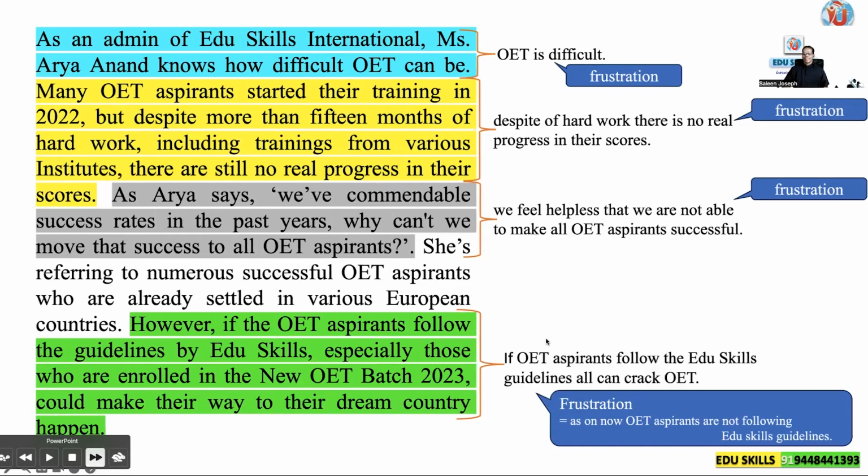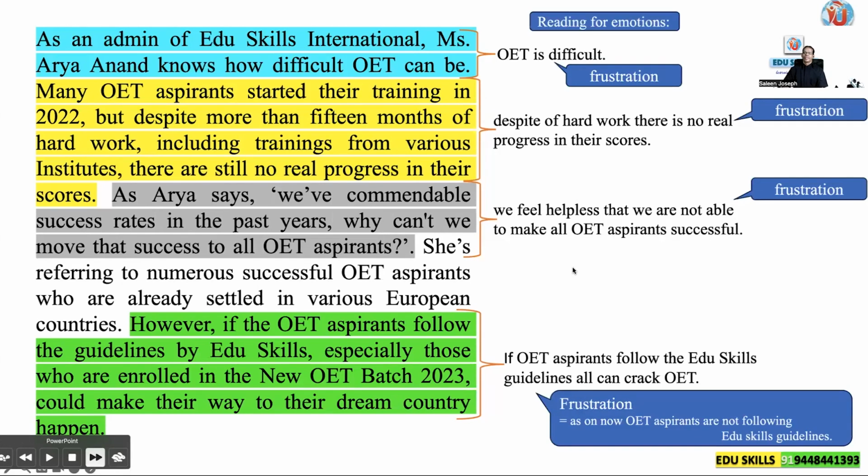And the last one says, if OET aspirants follow the EduSkills guidelines, all can crack OET. Frustration. As of now, OET aspirants are not following EduSkills guidelines. This is also known as the gist of the paragraph. The whole taste, color, texture is frustration. Though you have the answer from the contrast word strategy, you can also understand from the gist: every sentence speaks about frustration.